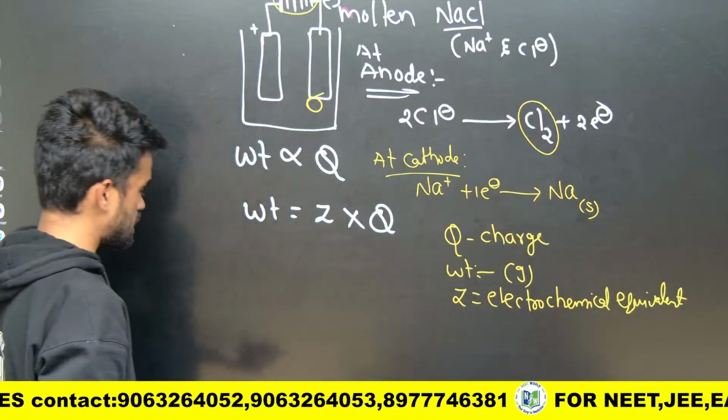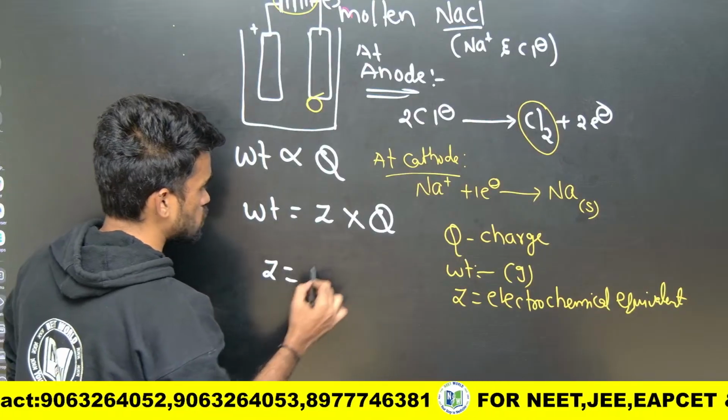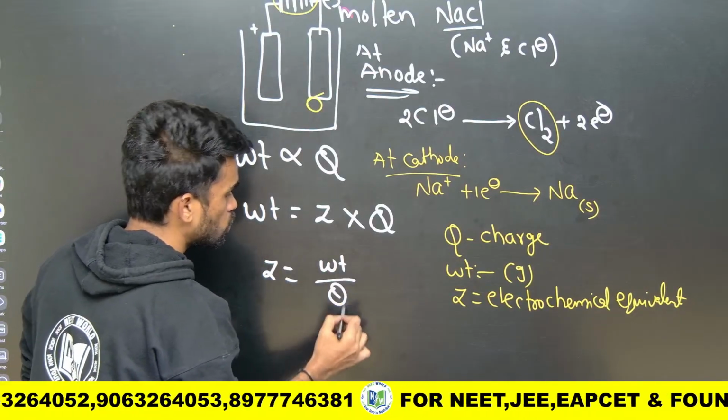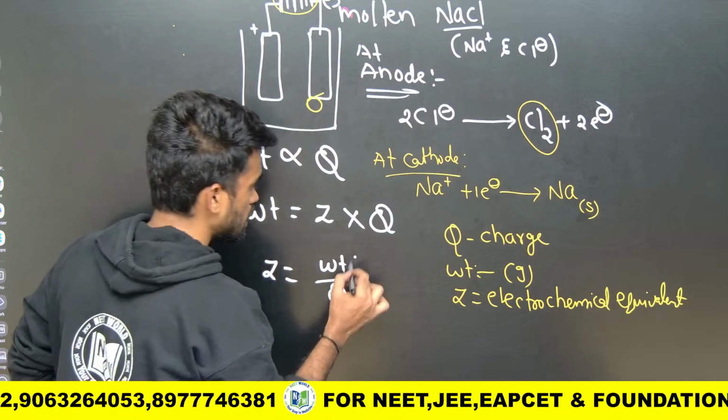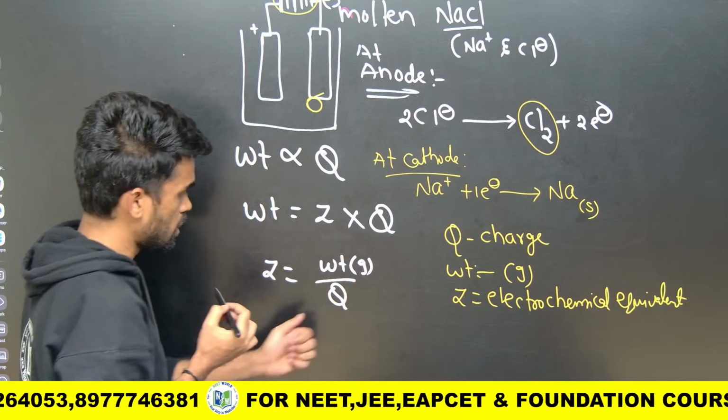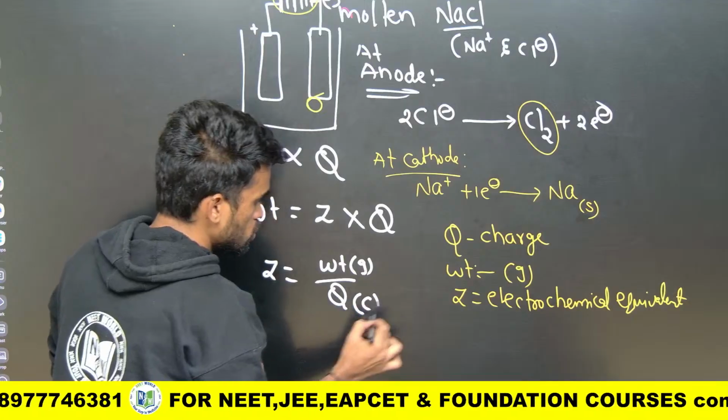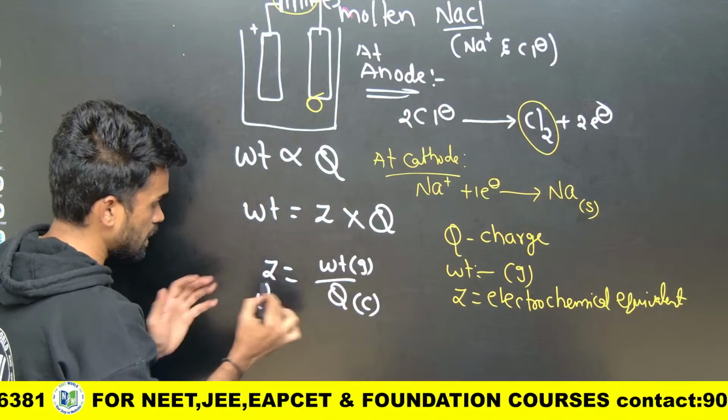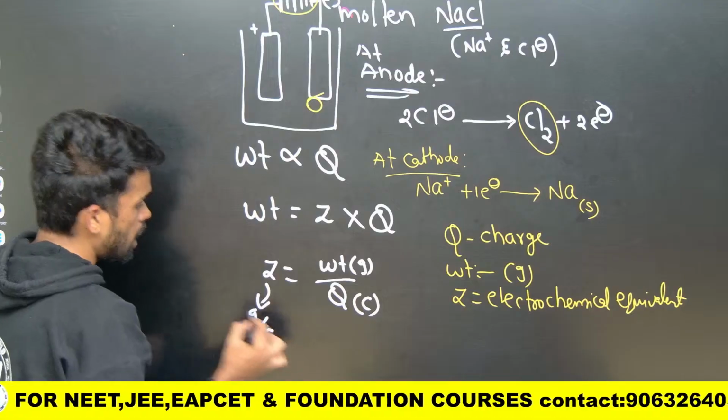In order to understand that, I am writing Z equals weight by Q. What are the units? For weight you can take grams or kgs, and for charge it will be coulomb. So the unit for Z is gram per coulomb or kg per coulomb.